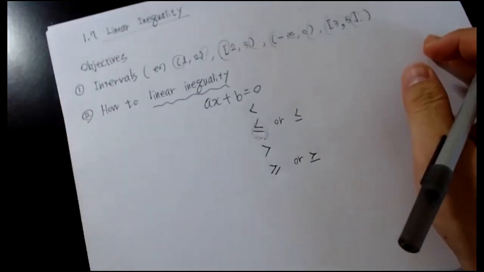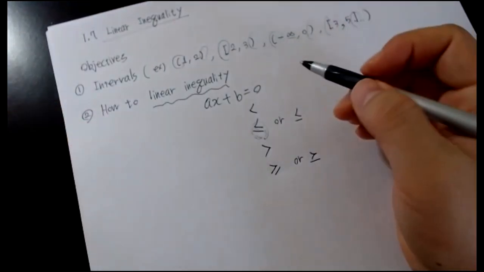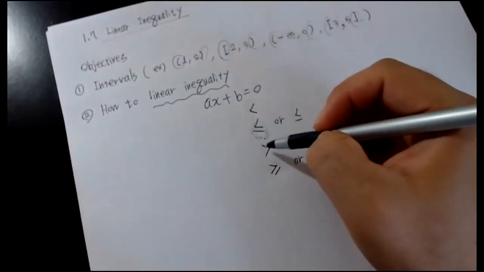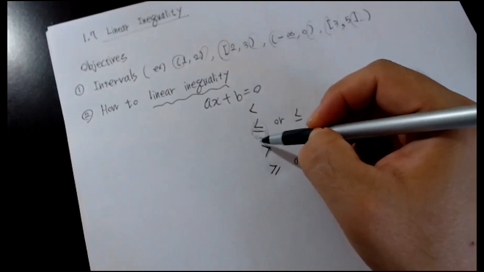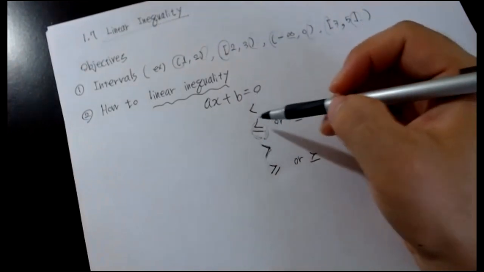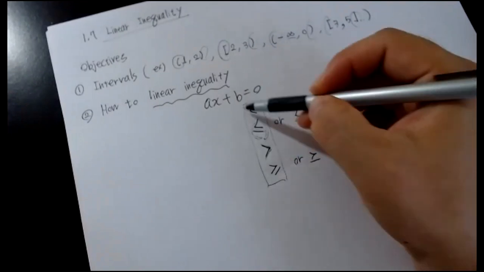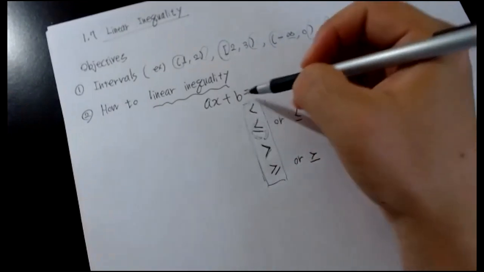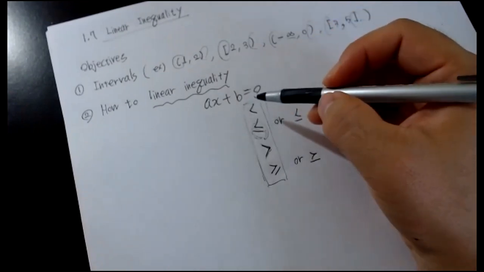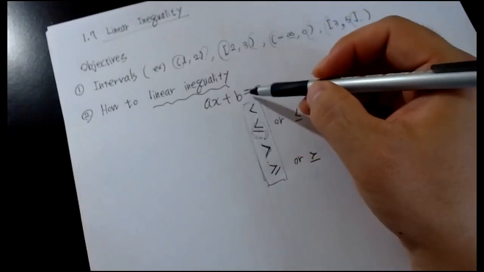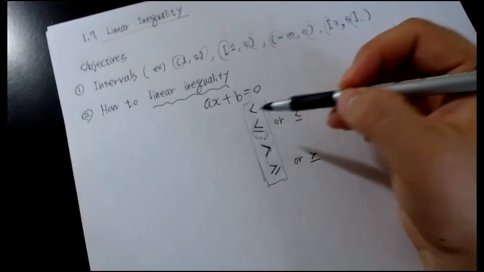Do not confuse this with the number 7. This is not 7, this is an inequality. So there are 4 inequality symbols. Instead of the equal sign, if one of them is involved, that's going to be a linear inequality.